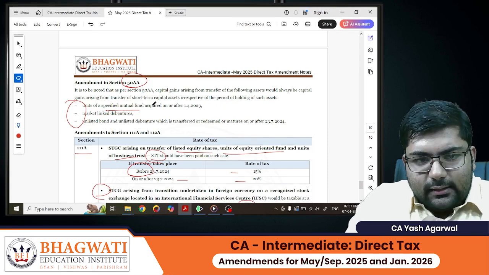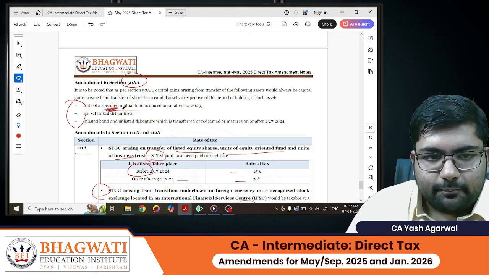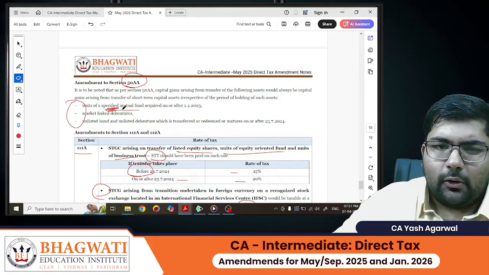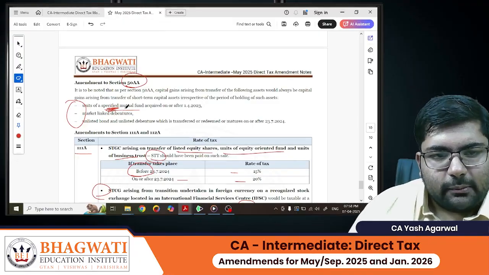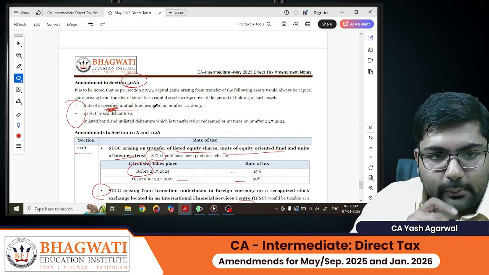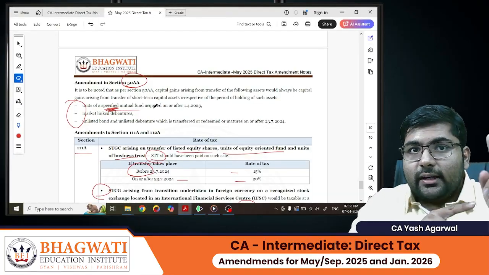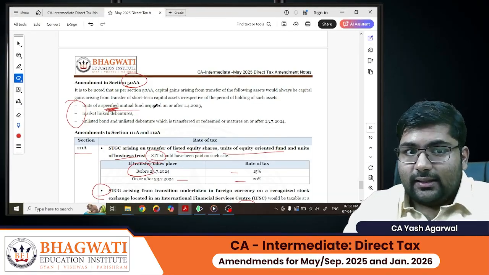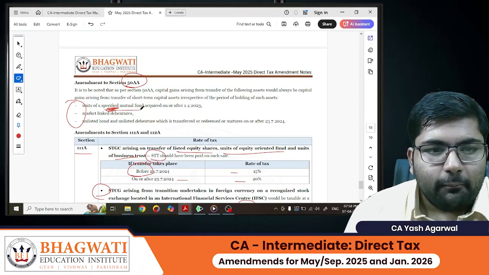The balance would be in debt securities, corporate bonds, government bonds, T-bills, various other items. But a maximum of 35% would be in equity shares. Maximum, not minimum. For equity-oriented fund, you would have studied minimum 90%, etc. This is saying maximum 35% equity shares. That is a specified mutual fund.